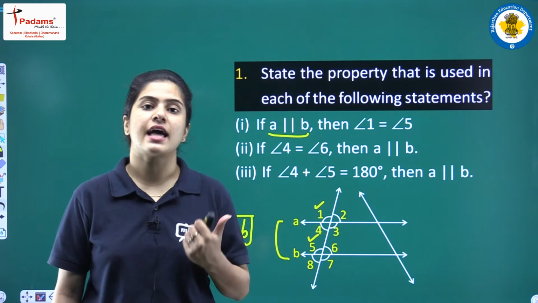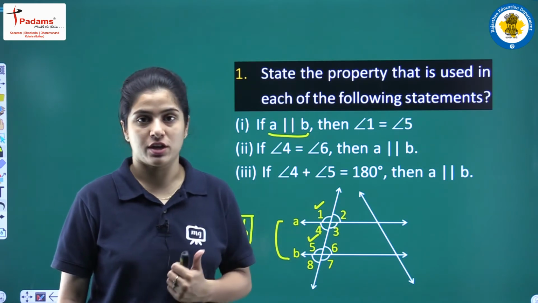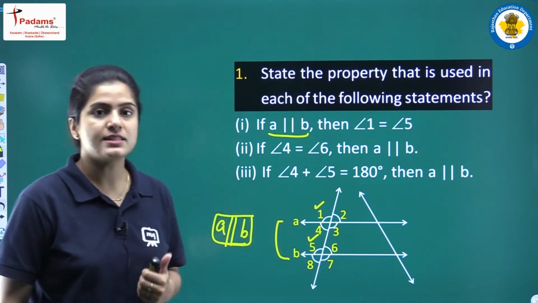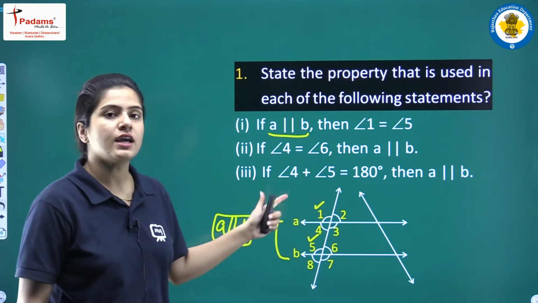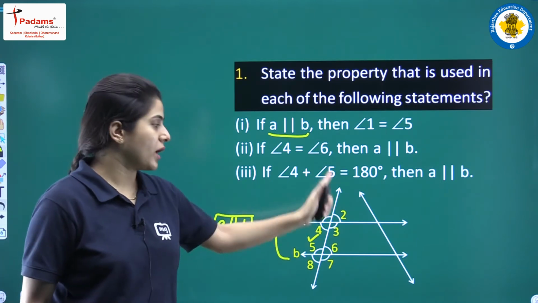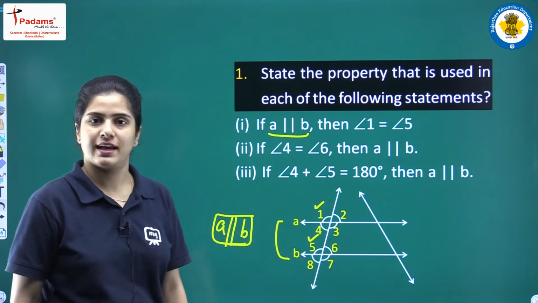We have discussed that it is corresponding angles. The corresponding angles will be equal if we have two parallel lines and one transversal cutting those lines, okay students.